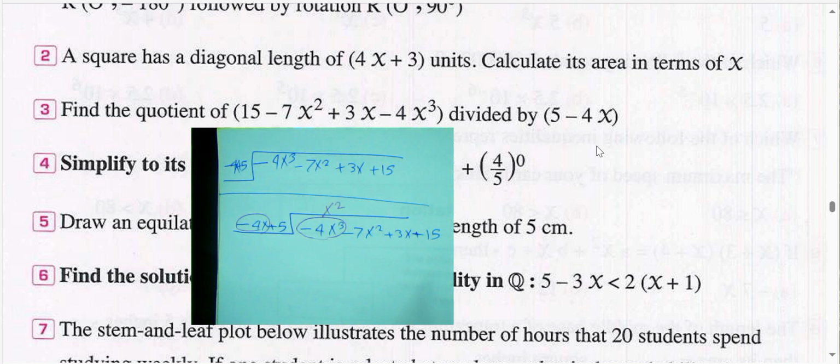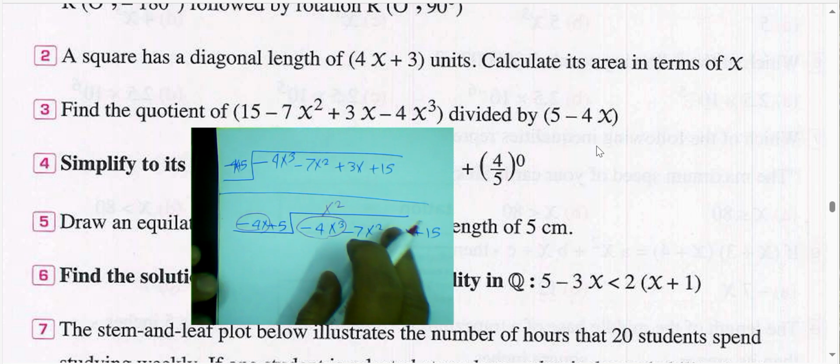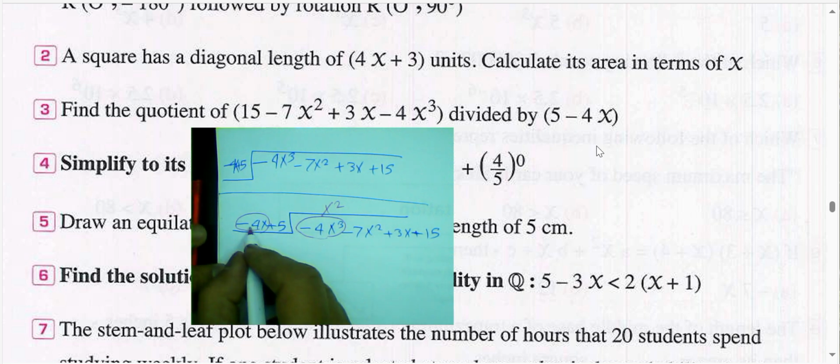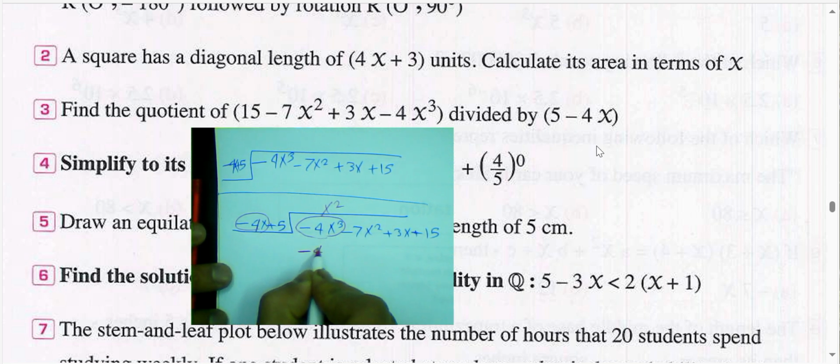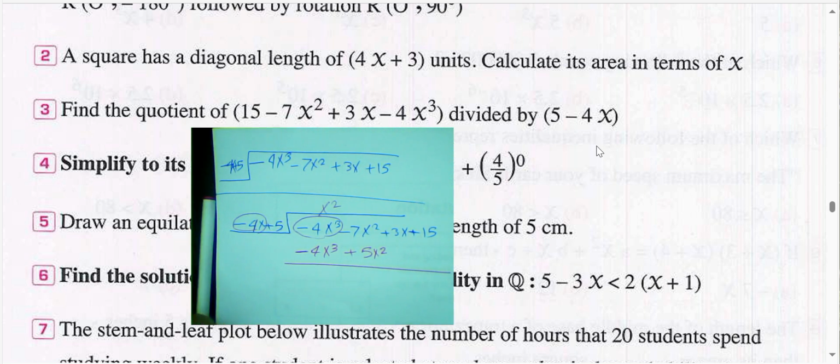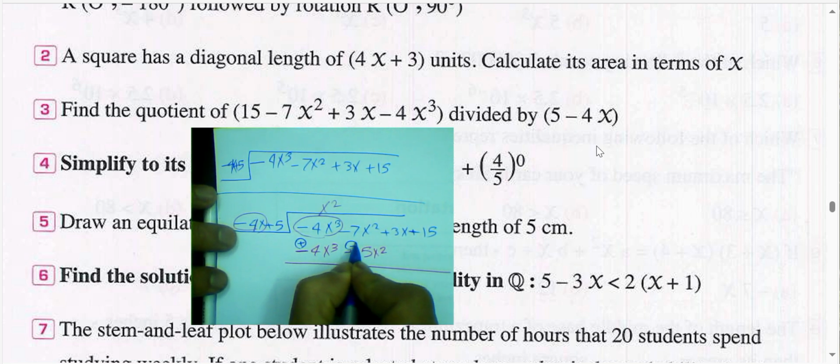And then multiplication: the term in the quotient, x power 2, times negative 4x, will be negative 4x power 3, and x power 2 times 5 will be 5x power 2. And then change the sign here, it will be positive, and this sign will be negative.